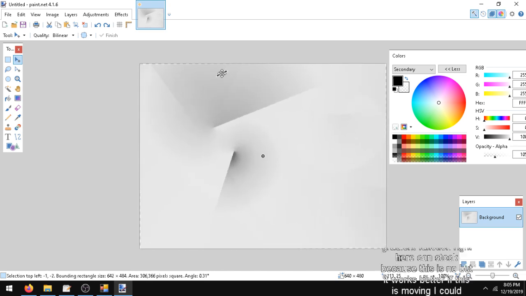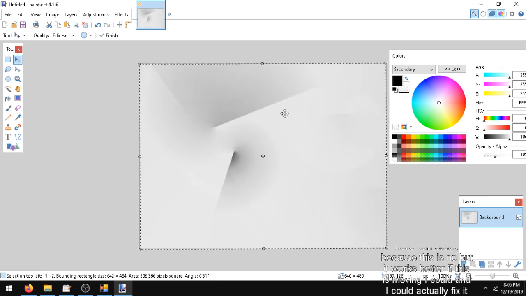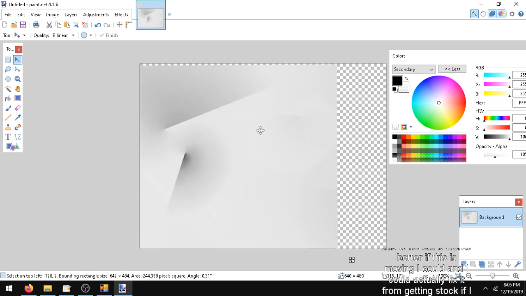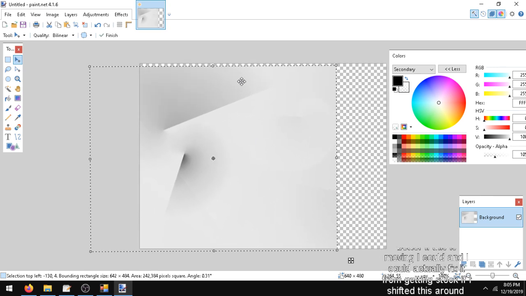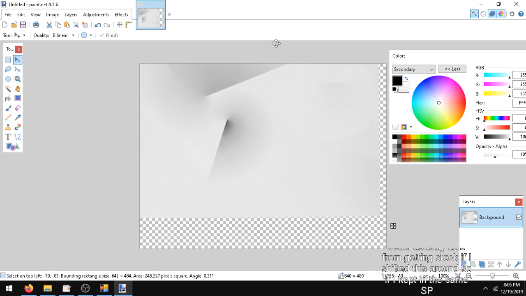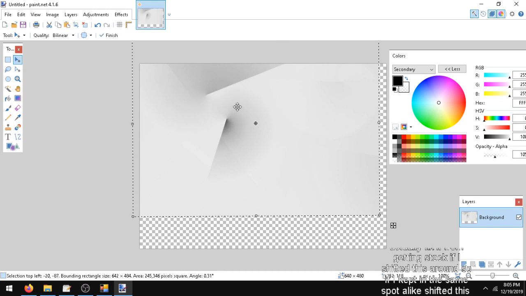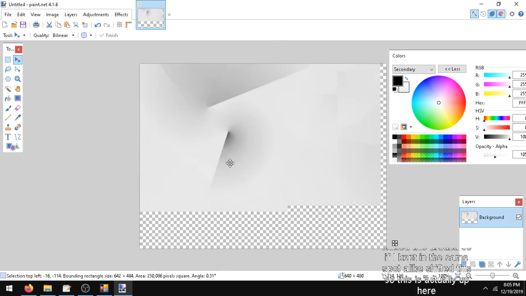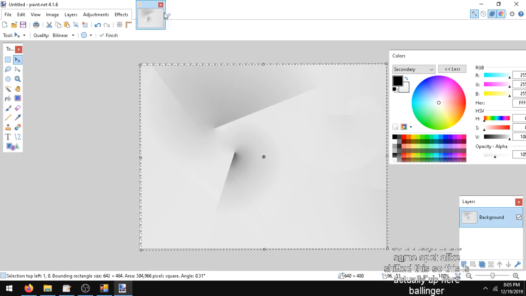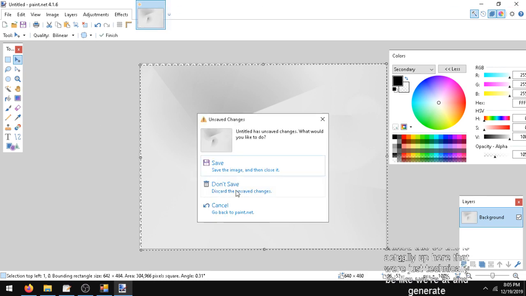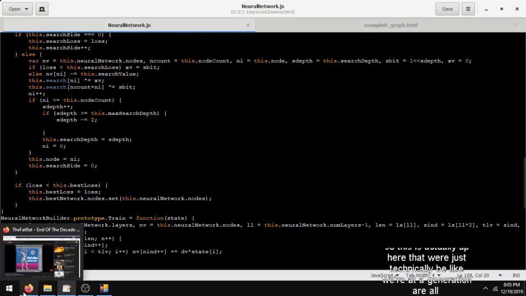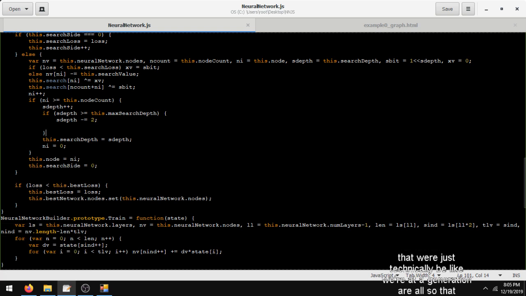I could actually fix it from getting stuck if I shifted this around. So if I kept it in the same spot but shifted this so that this is actually up here, that would just technically be like random generation though. So, yeah.